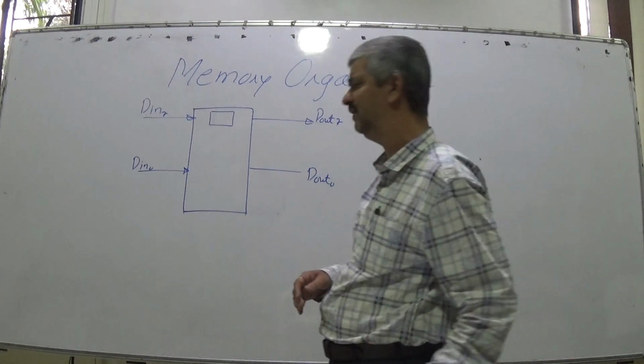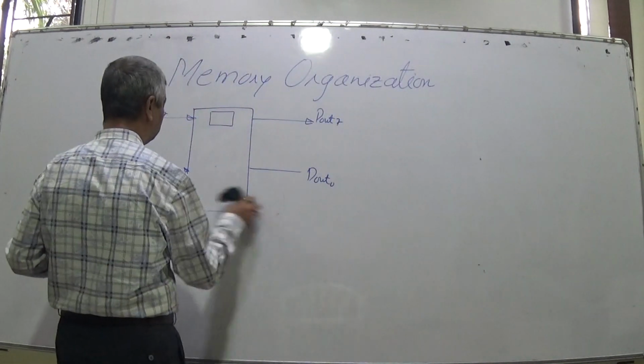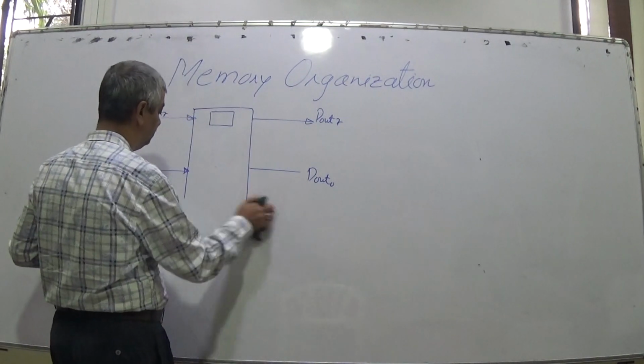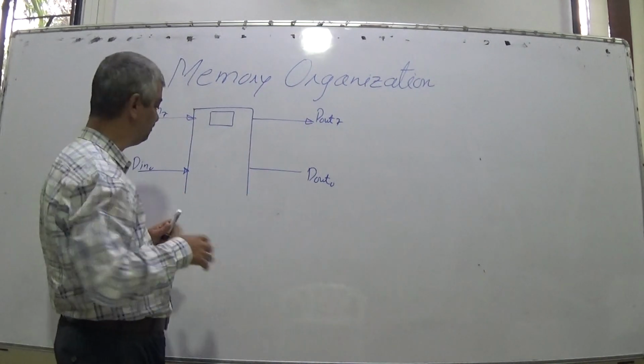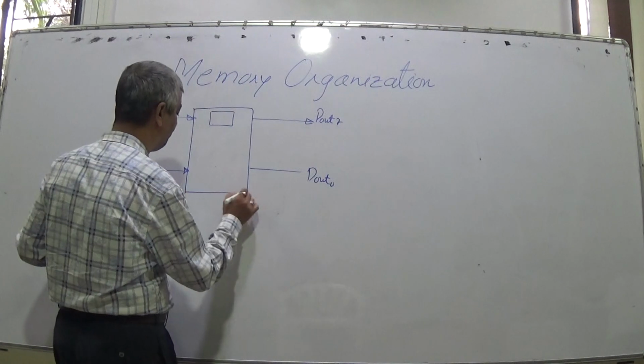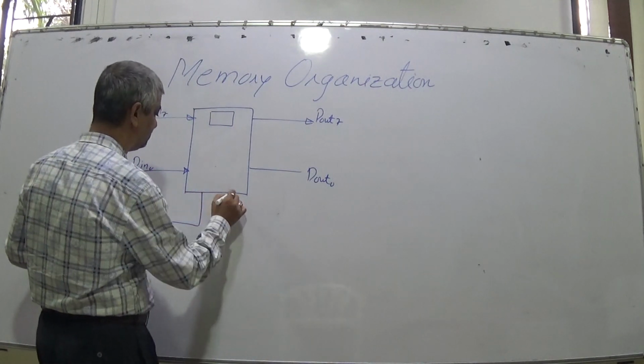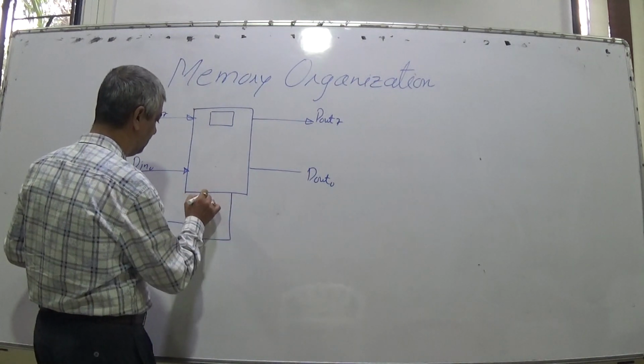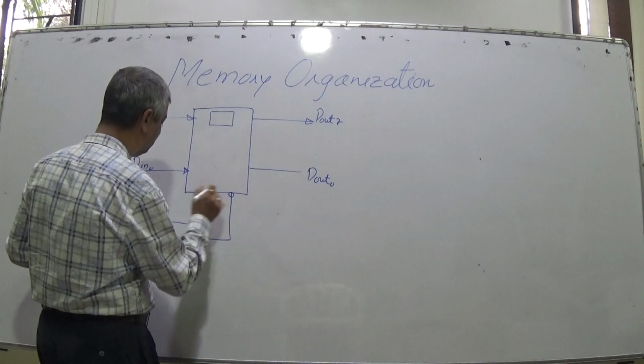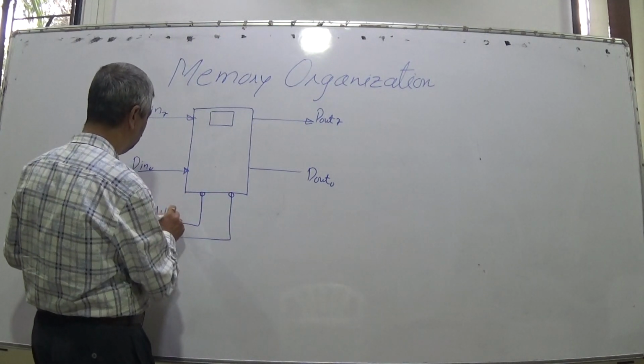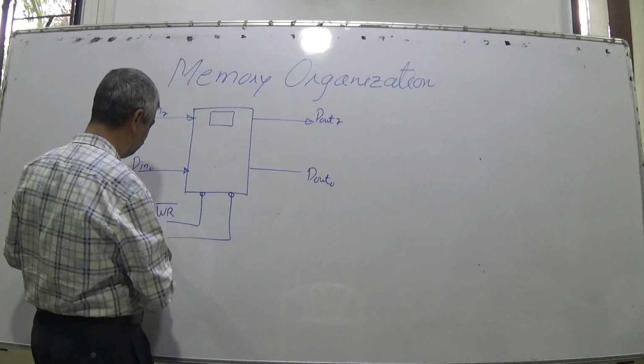This logic we will always follow, and it has got the lines corresponding to process of reading and writing. These are control lines, and these are active low, means to write it needs to be made low, and to read also this needs to be made low.